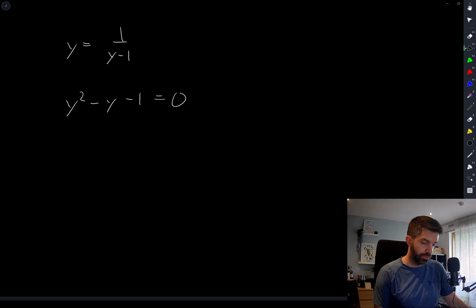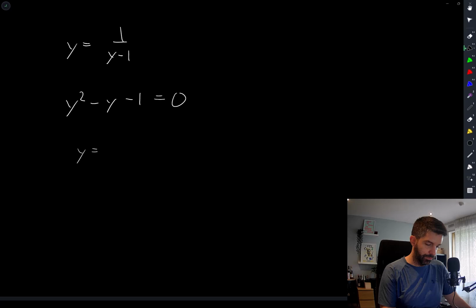Should I just use the quadratic formula to solve this? Well, no, I see that y is equal to 2 is a solution, right? 2 squared minus, oh, no it's not. Let's just write the quadratic formula.